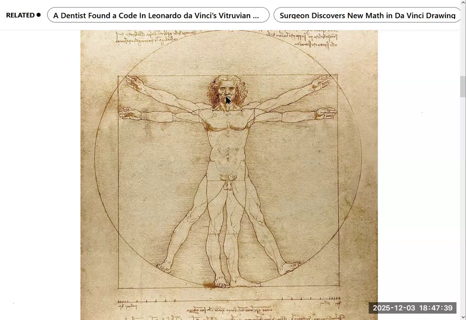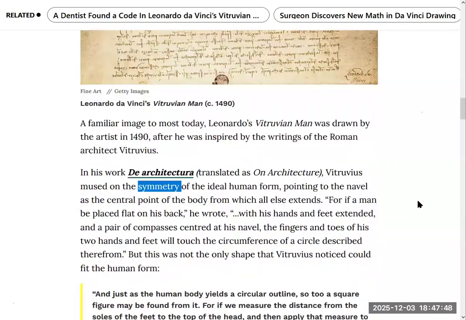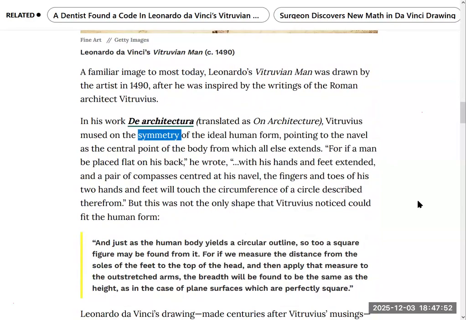You also imported this word into Japanese, what we call symmetry. It's kind of Japanese English, so it sounds different. It sounds very similar to me.